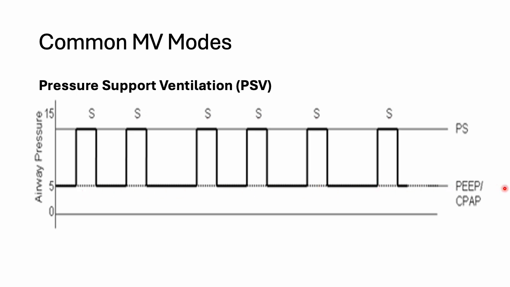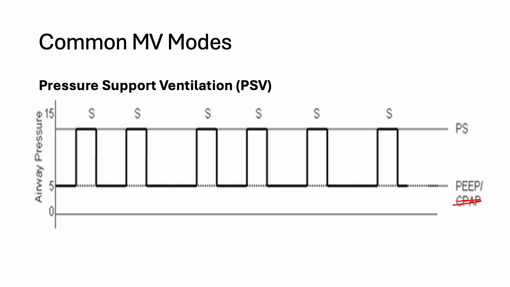This baseline pressure is referred to as the PEEP, the positive end expiratory pressure. It is sometimes used interchangeably with CPAP, and they refer to the same baseline pressure, but because it is no longer a single pressure, the term CPAP should not be used in pressure support ventilation. I need to stress that.